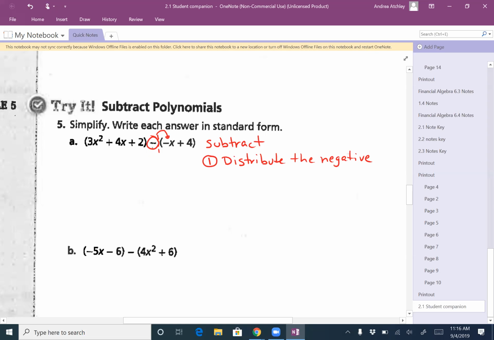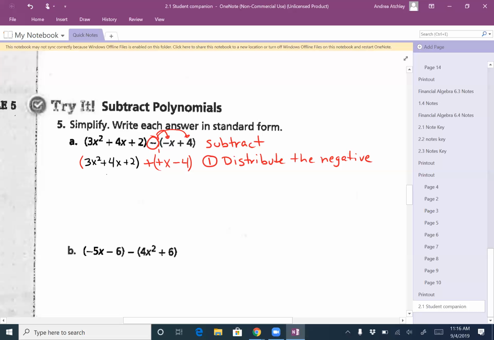We're just using the distributive property here. So negative times a negative x makes that positive x. And -1 times a +4 makes that -4. So now that's in my second parenthesis. There's a plus sign here now because I distributed the negative. The first polynomial does not change at all because there's not a -1 in front of it.